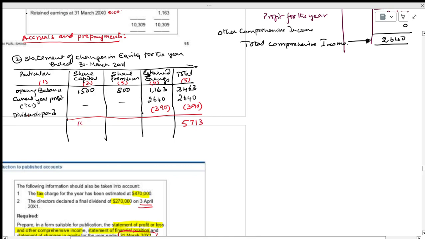But you have to tell this also now: 1,163 plus 2,640 minus 390 is 3,413. We'll take these values, okay? This is called closing balances.